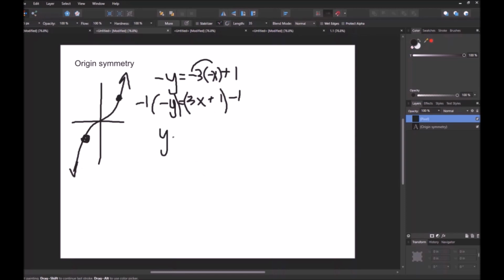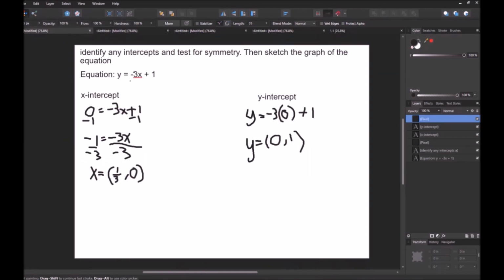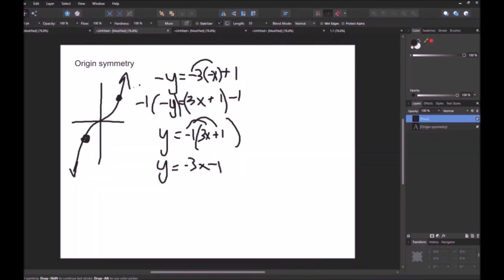So we have y equals this negative 1 times 3x plus 1. So we're just going to distribute the negative 1 to both terms here. So we're going to end up with y equals negative 3x minus 1, which is not the original equation. So we can say this does not have origin symmetry.